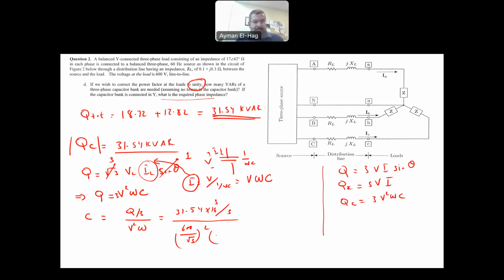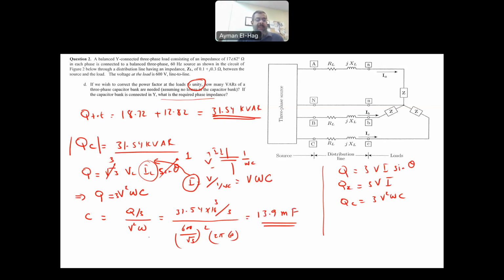Okay, now the omega is basically 2 pi f, for a 60 hertz system. This is the standard in North America, and you will find this is equal to 13.9 millifarad.